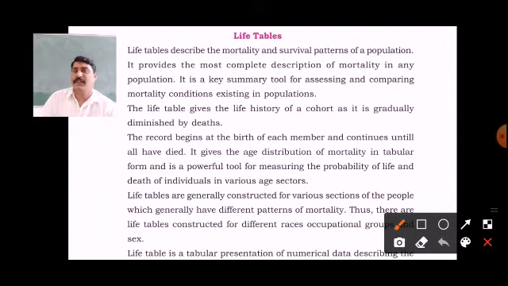So what is this life table? A life table is a table prepared by studying the events occurring in a human population, especially births and deaths.